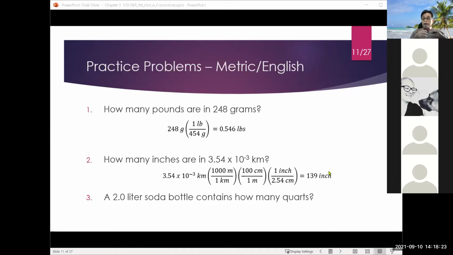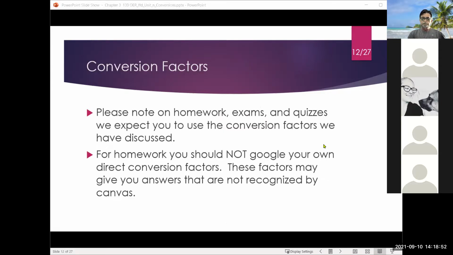But I recommend you do it the long way with all the conversion factors, because again, we're going to rely on this factor label method, dimensional analysis method, whatever you want to call it, when we get to the part where we're doing calculations for chemical reactions. Okay. All right. Any other questions? Okay.